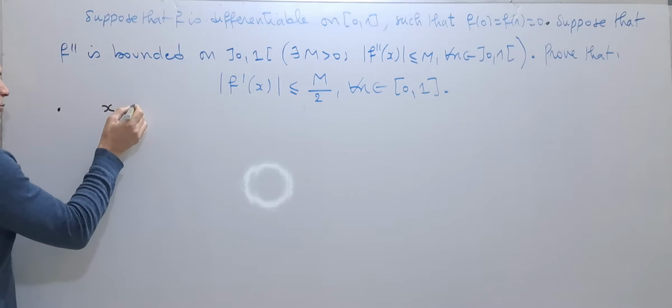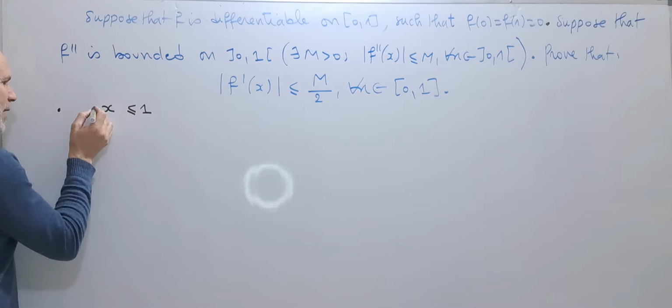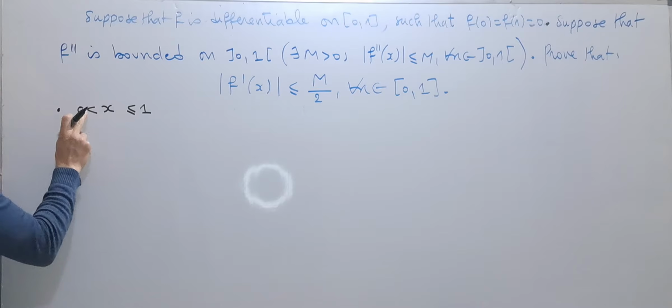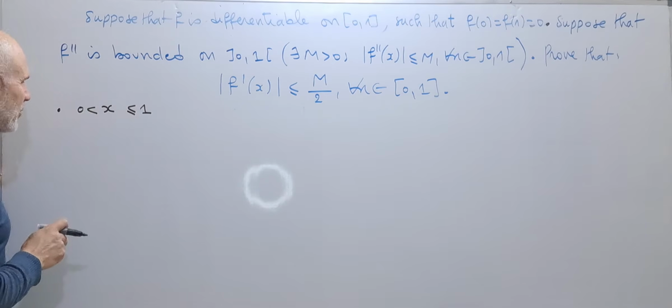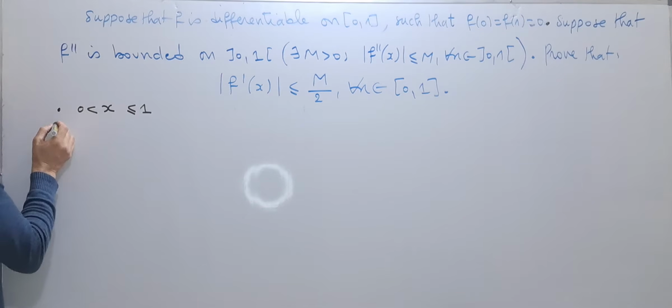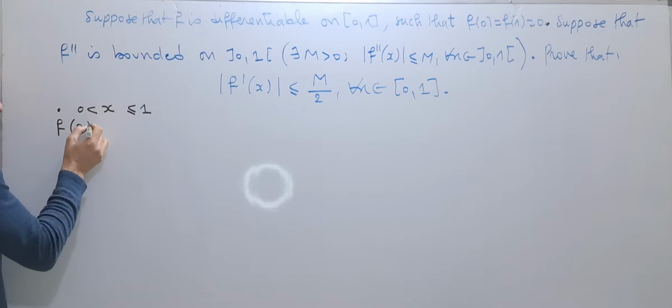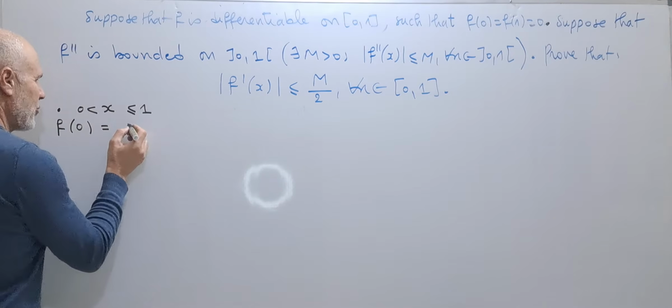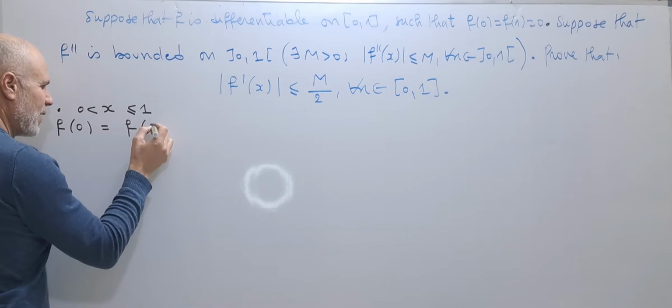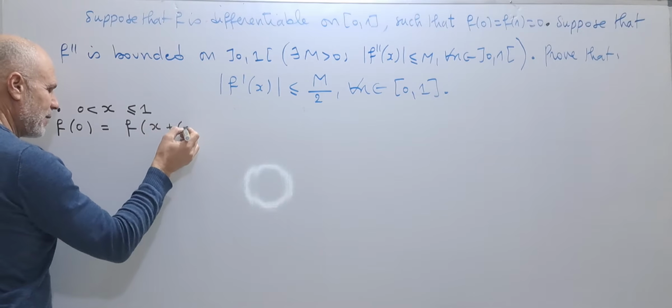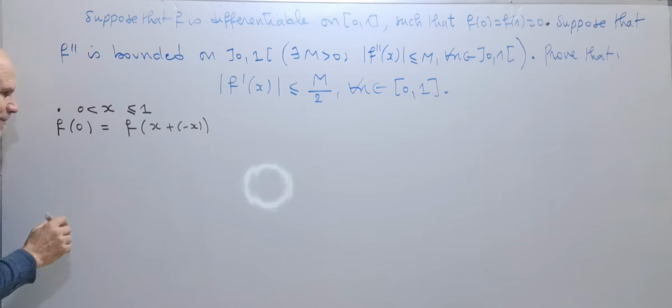For x which is greater than 0 and less than or equal to 1, we can consider f of 0. This is equal to f of x plus minus x.